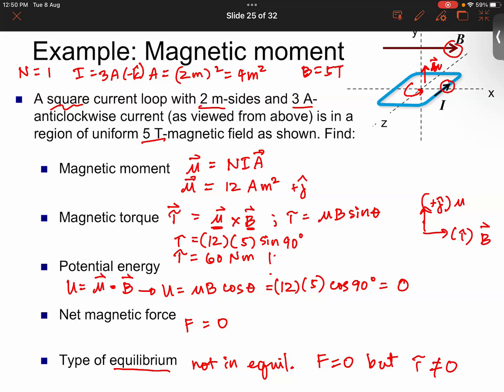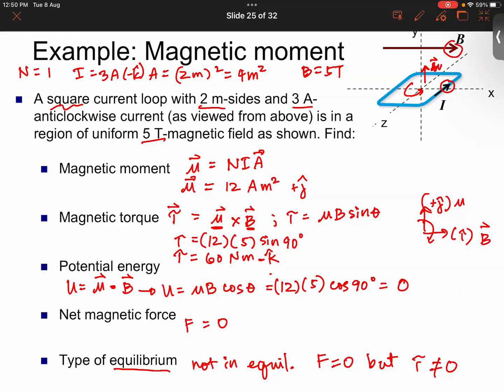So that means the torque will be in the K hat direction, but you're doing the cross in the anticlockwise direction. That's a minus K hat. Sorry about that. It's the cross between the magnetic dipole moment and not the current.